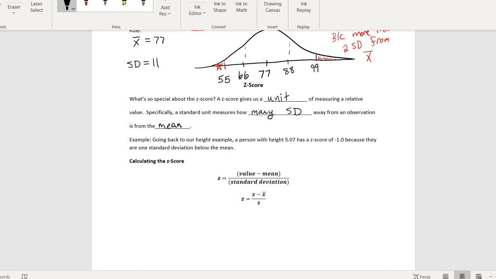Now, the reason we use this is because we have a lot of units of measurement. We have feet, we have inches, we have ounces, we have meters, we have money. So what we want to do is take all of that and put it into a standard unit where we can talk about whether it's typical, unusual, things like that.